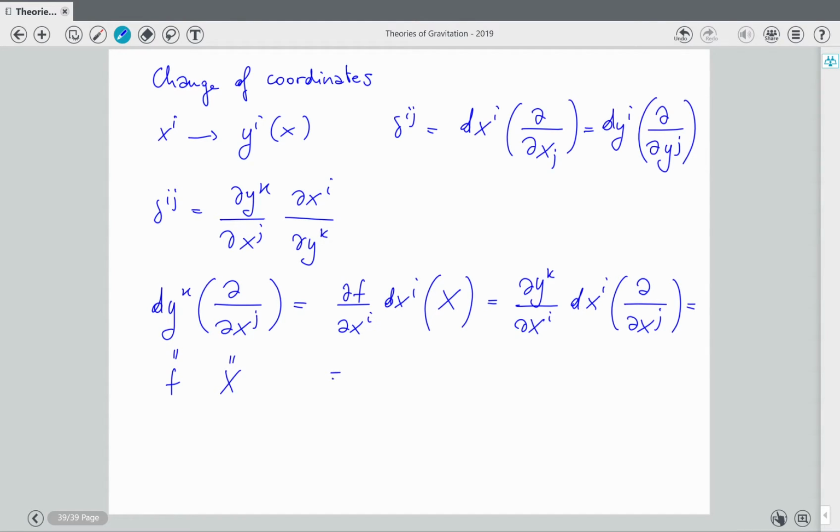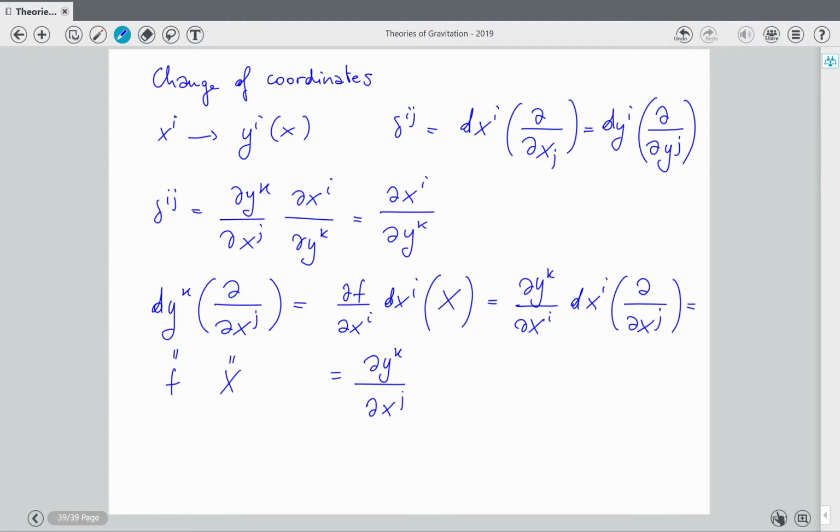And so the conclusion is that this object is partial yk divided by partial xj, which is what we want to use there now. So let me write this as dxi, partial xi divided by partial yk.